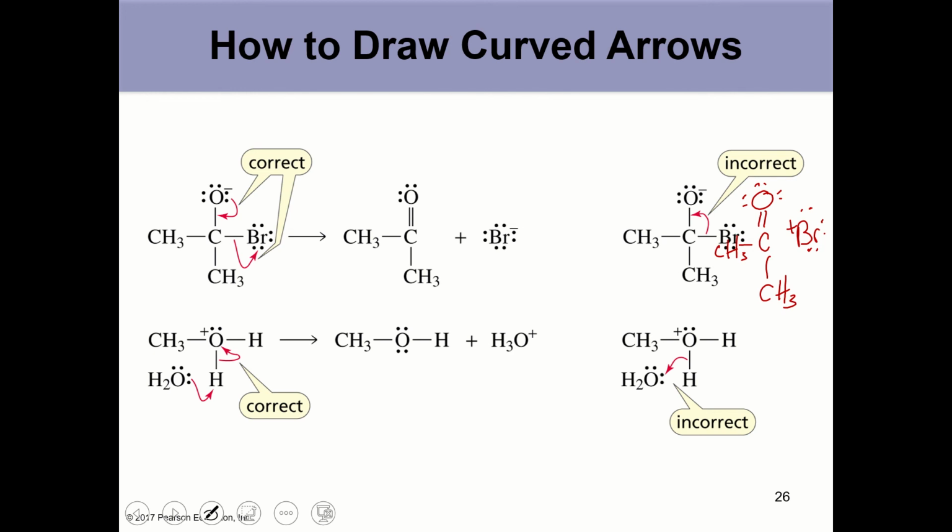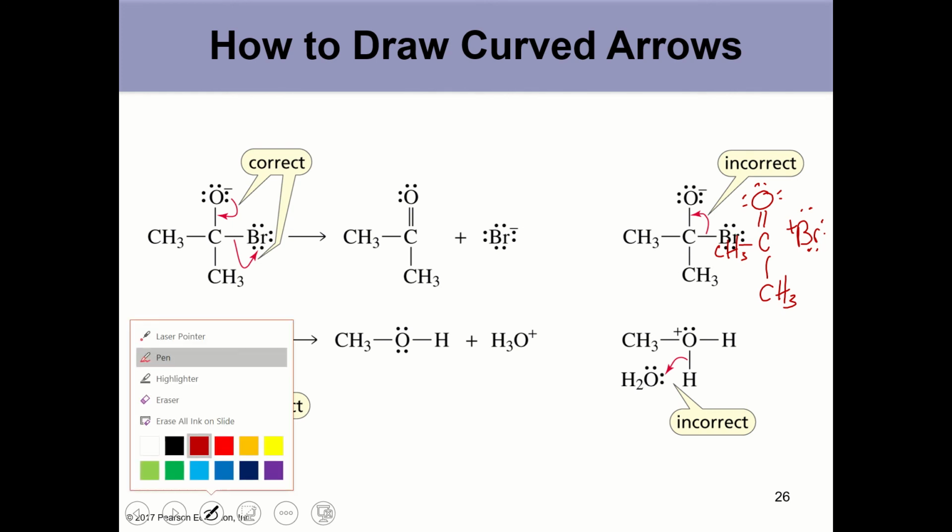So we have exceeded the valence of oxygen, and we have given bromine less than an octet. Both of these instances are impossible, so the arrow must be completely wrong.